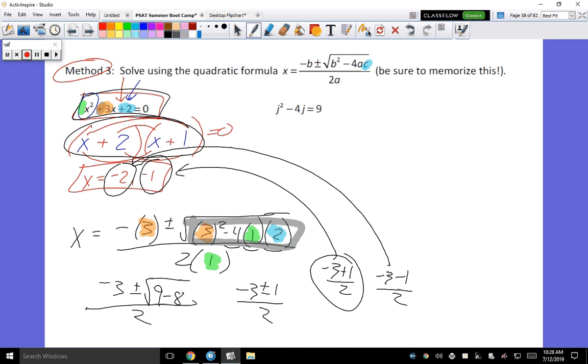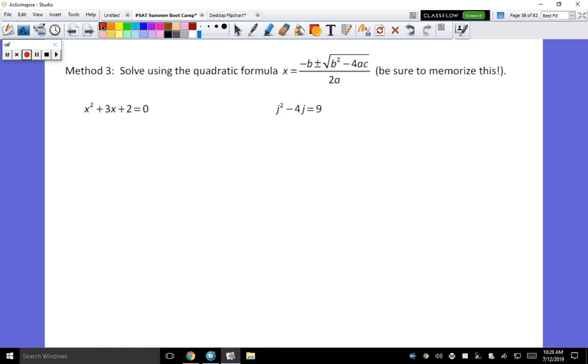This next one, do I need to set it equal to 0? Yes, I do. I have to, because what's the a term that you see? 1. What's the b term? Negative 4. And remember the rule, if you have a and b, you have to set it equal to 0. Okay?